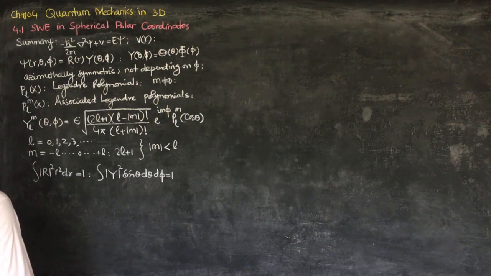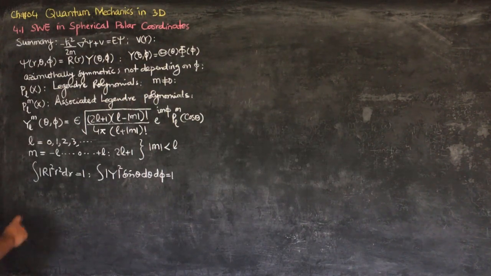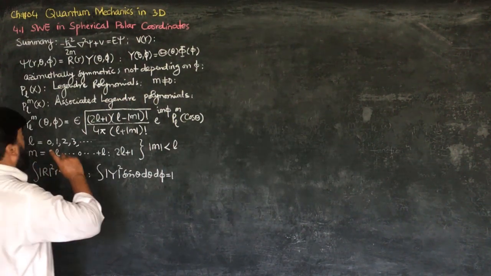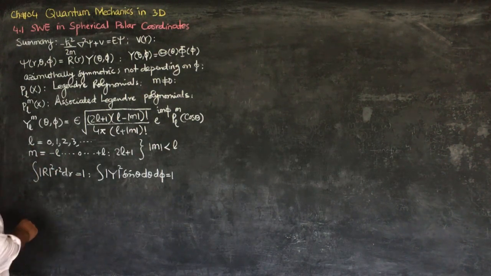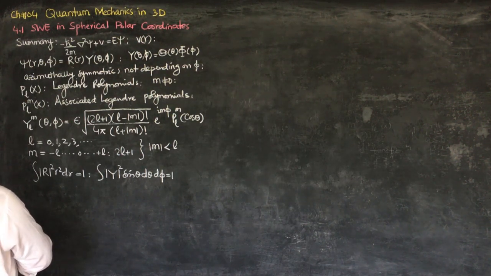And now we will start with the radial equation. In the radial equation we had the constant L(L+1).